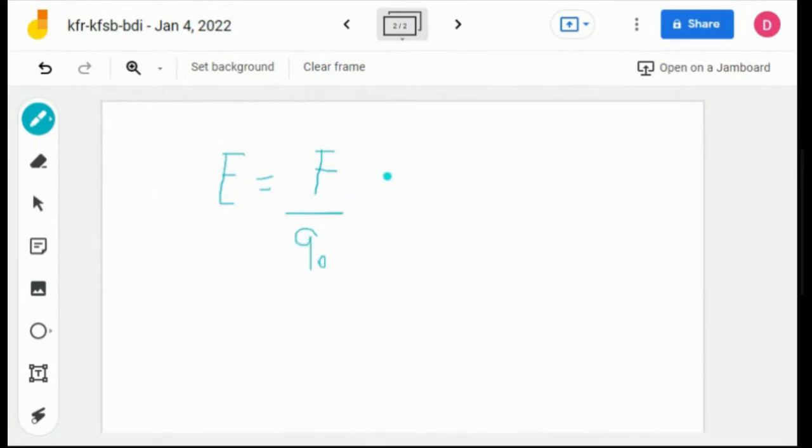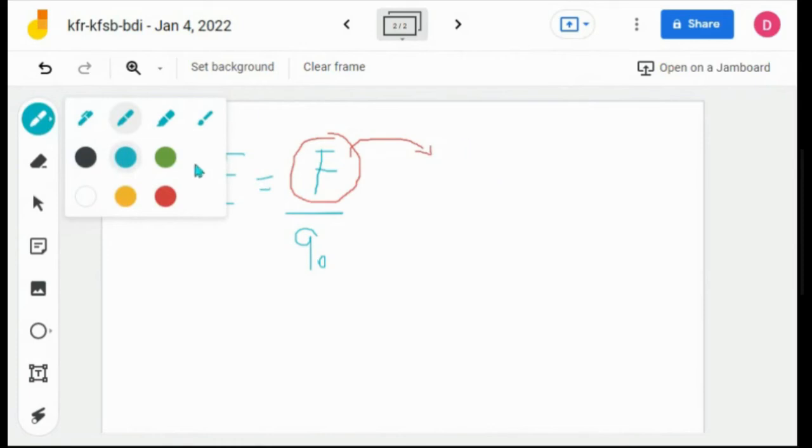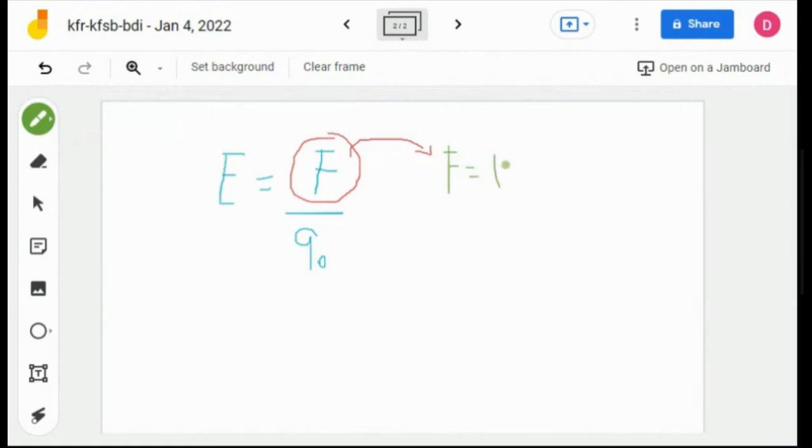Now remember, F is equal to K Q Q2 over R squared. Yes? Okay.